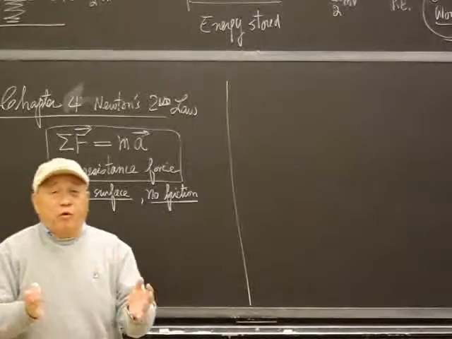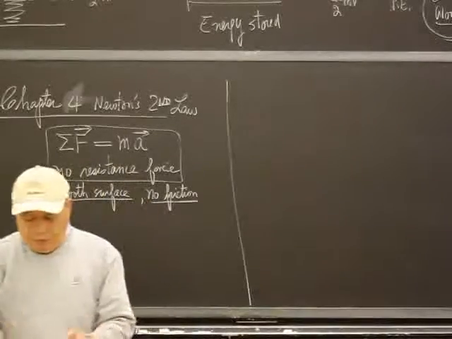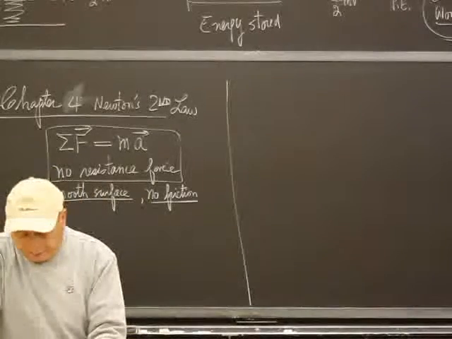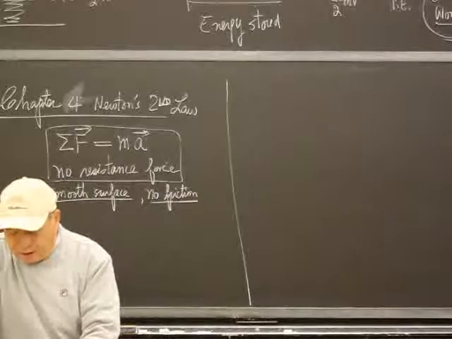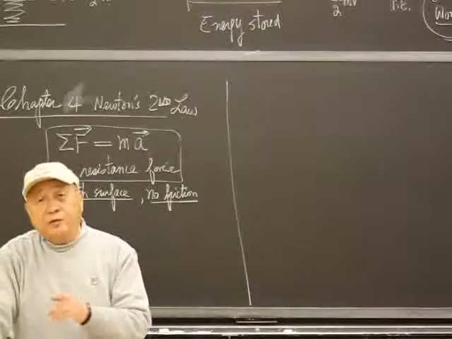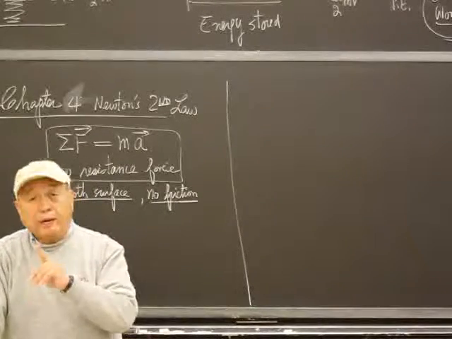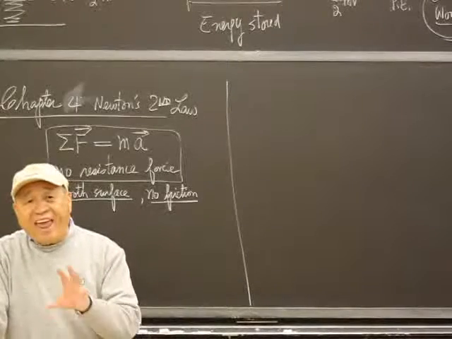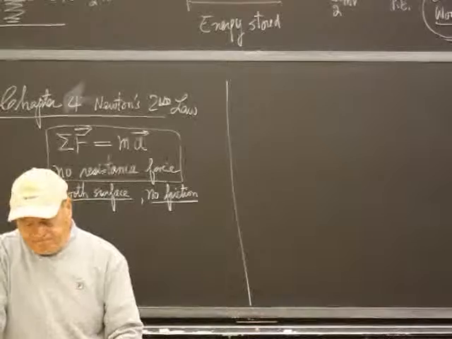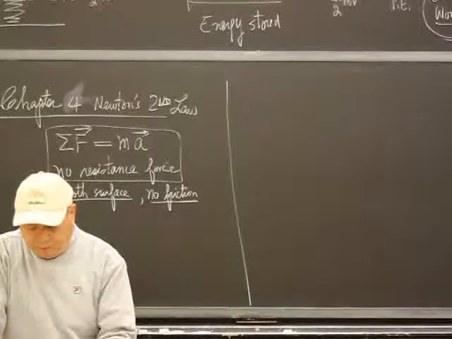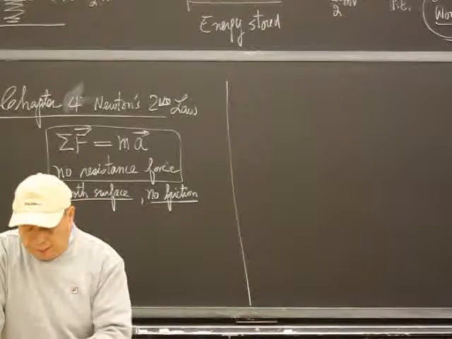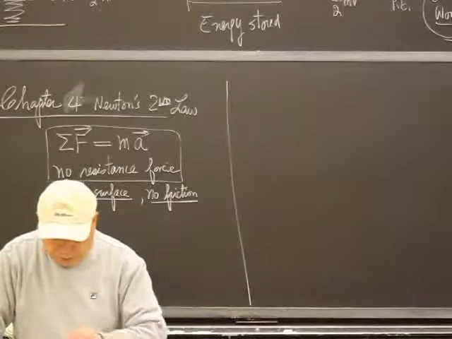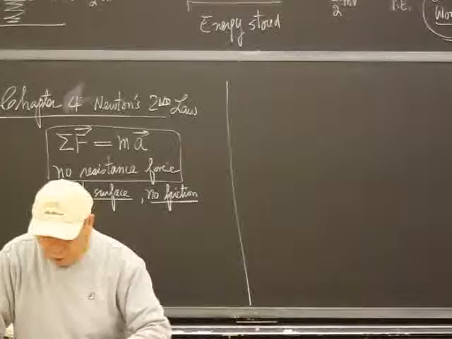What is the resultant force to give you some desired motion? In these cases, the number one thing you have to do is draw the diagram. Find out where the force comes from. This is very crucial for you to solve this problem.